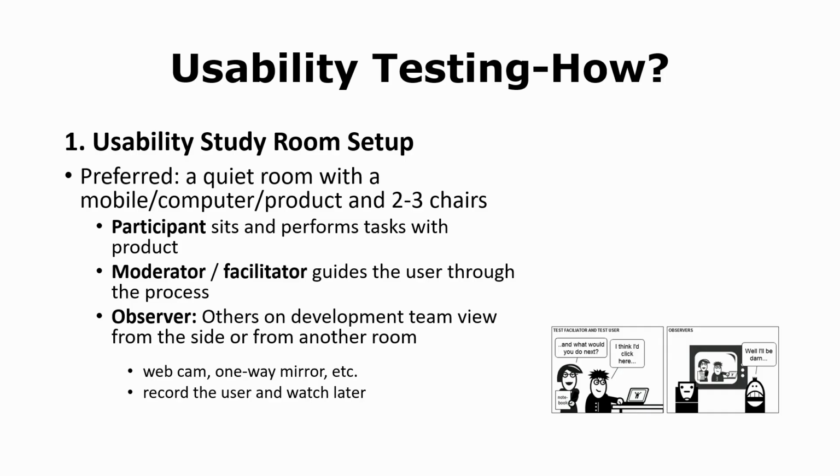So how do you do a usability test? You typically have a few components here. The first one being you need a study room kind of setup, where it is preferable to have a quiet room with a mobile, computer or product and 2-3 chairs, right? If you are trying to present an app, you need a mobile phone.